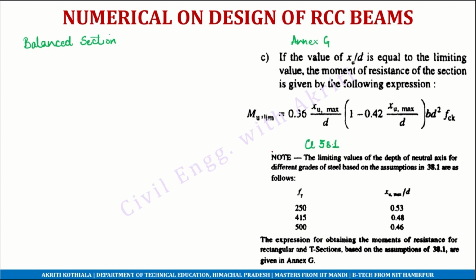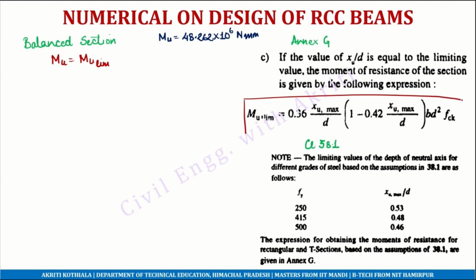For a balanced section, we can use this formula. Simply MU will be equal to MU limiting, and MU we've calculated equal to 48.262 into 10 to the power 6 Newton millimeter. So MU limiting is simply taken from Annexure G, where we have to substitute the value of XU max.